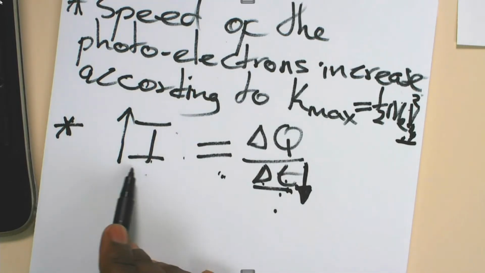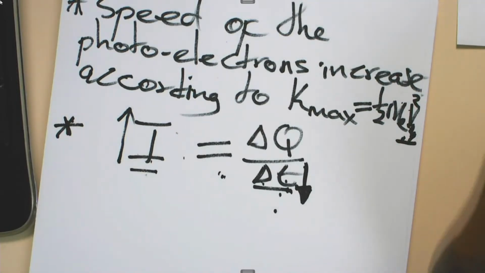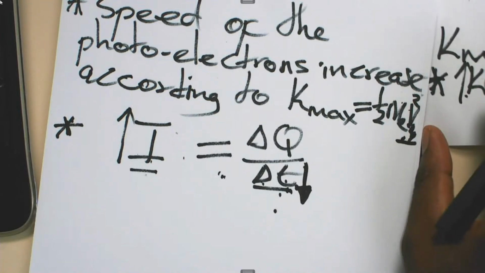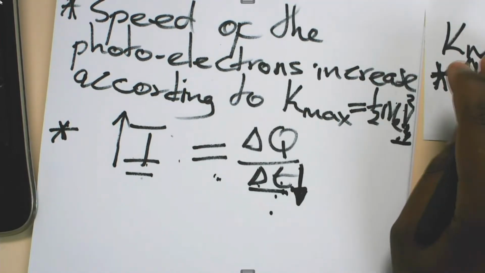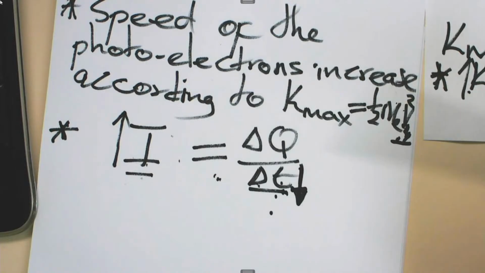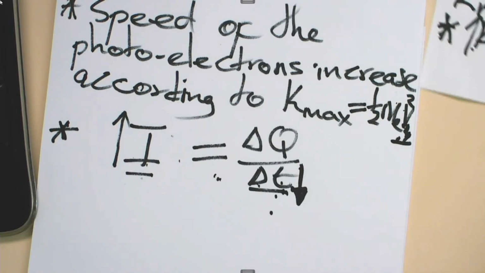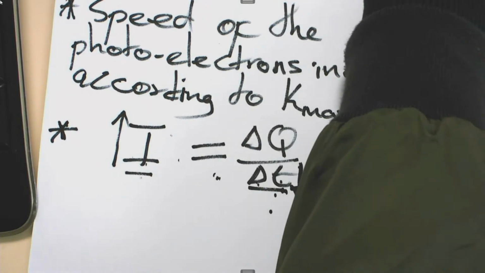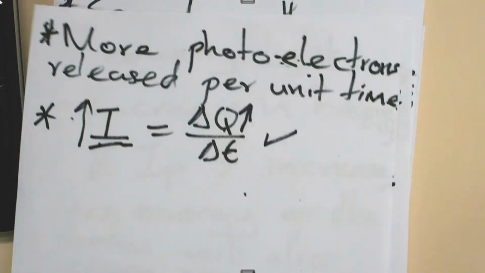That is how the intensity and the frequency of light affect the production of current in the photoelectric effect. It is very, very important. So from here, what you can deduce is, when you talk intensity, you will then end up with what?